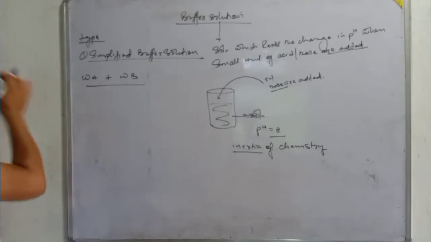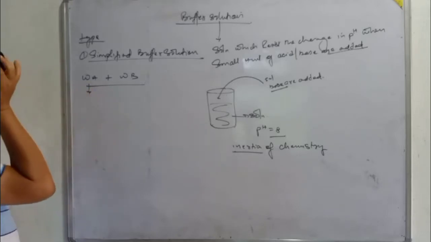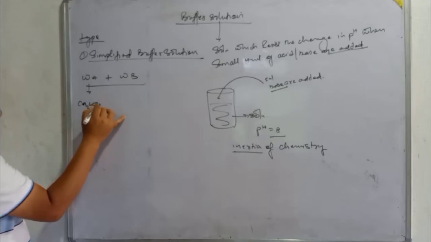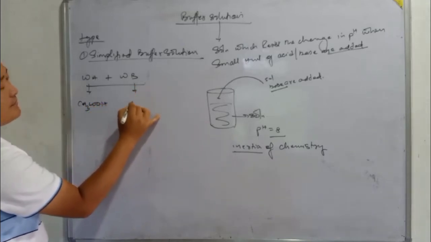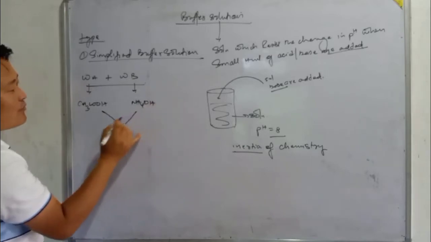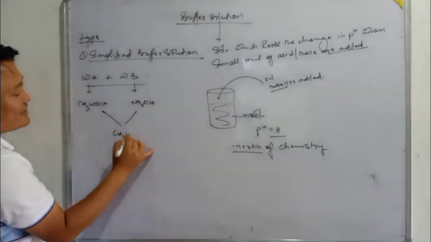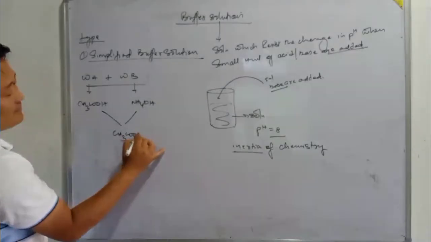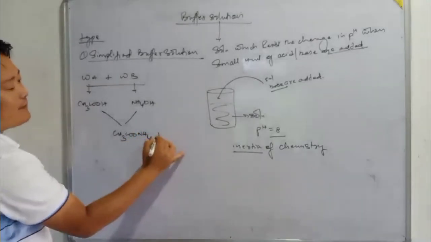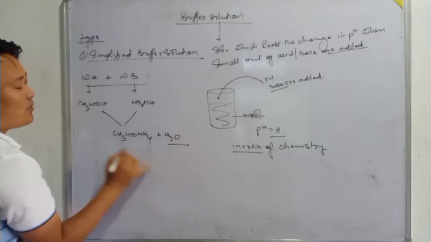Can you give an example of the weak acid? CH3COOH, and the weak base is NH4OH. And this compound will give CH3COONH4 plus H2O.